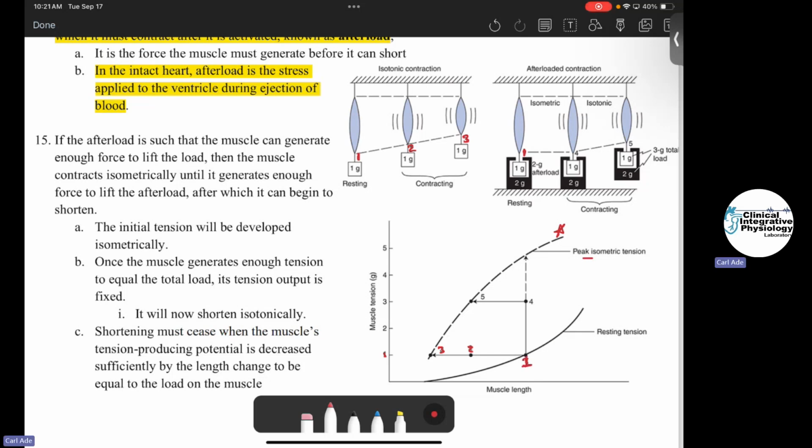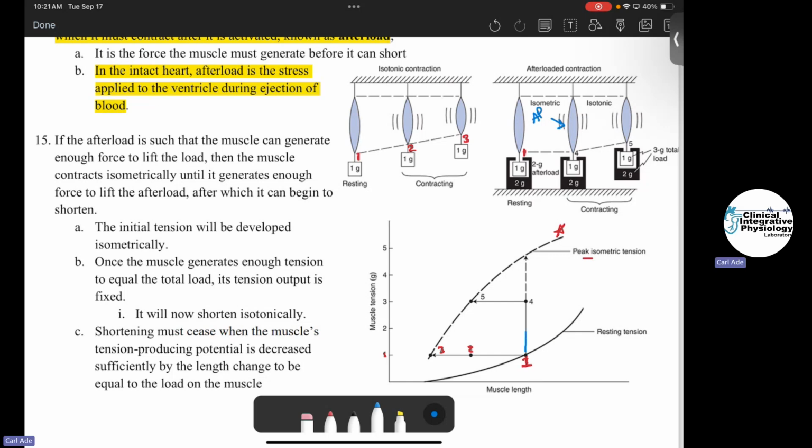I've added 2 extra grams of work to it. That it's here. Now I hit it with an action potential. And it starts to contract, and it starts to generate some force.